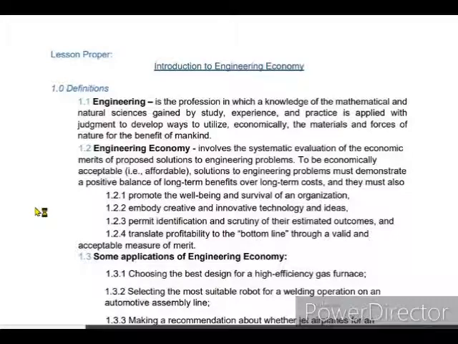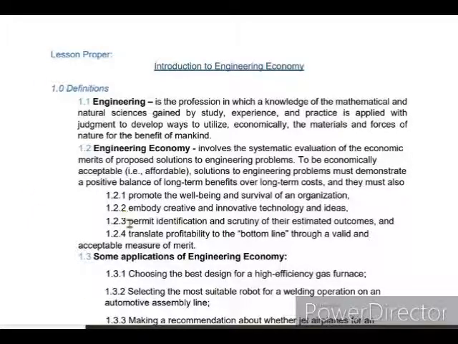Okay, so next 1.2.2 embody creative and innovative technology and ideas. So we have to be updated with the present technology, okay? And we should also be creative in creating ideas. Okay, so 1.2.3 permit identification and scrutiny of their estimated outcomes.